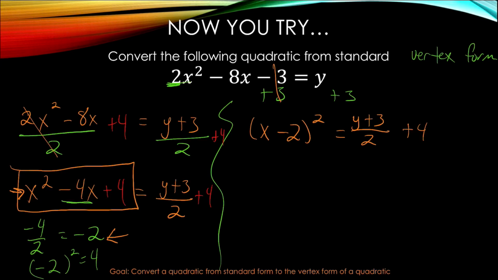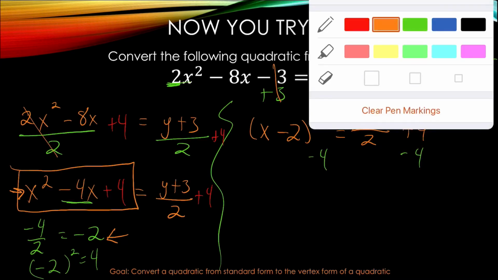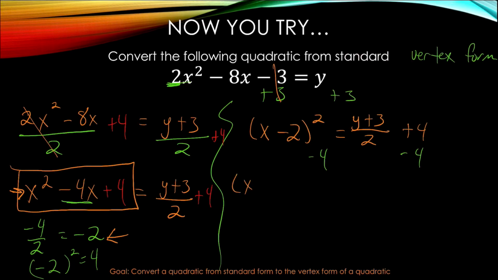So the very first thing I'm going to do, I'm going to subtract 4 from both sides, and we get x minus 2 squared minus 4 equals y plus 3 divided by 2.